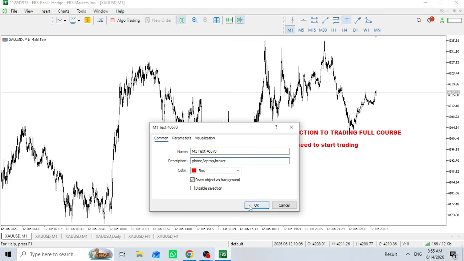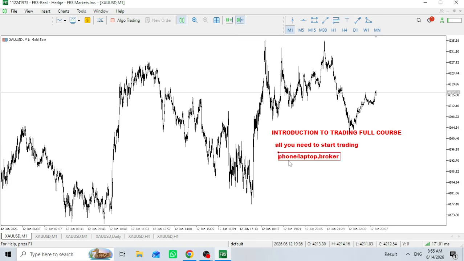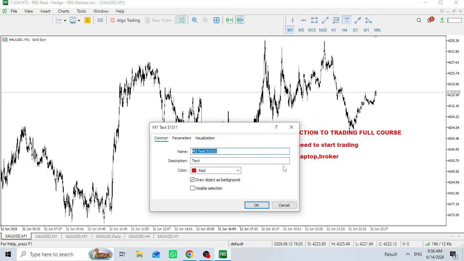So you will need a phone or a laptop, and a broker, and then from the broker you will download MT5, and a demo trading account.